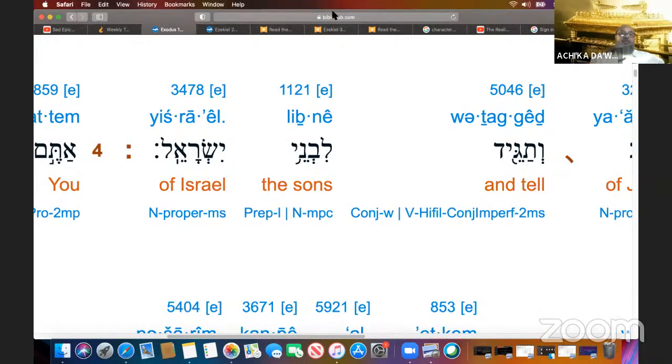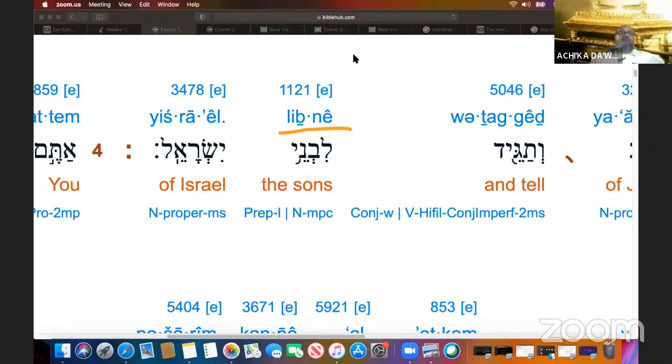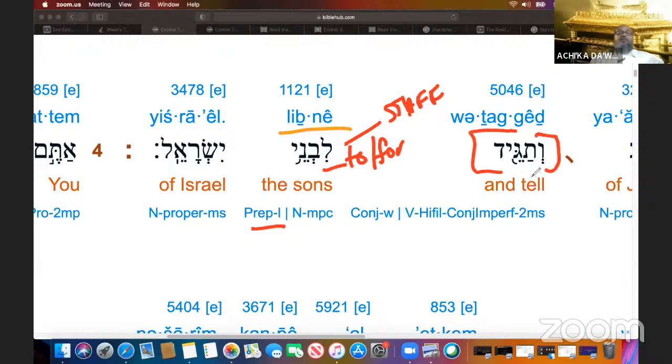Exodus chapter 19, verse 3. Here's this word, and a preposition meaning to or for, and a shepherd staff. So that's the staff that's in his hand. I need you to go to them, and I need you to tell them something. This is what I want you to do. Tell the sons of Israel.